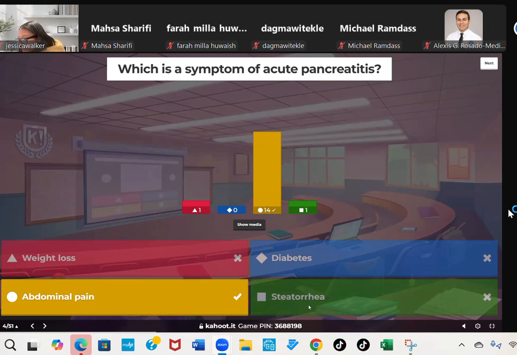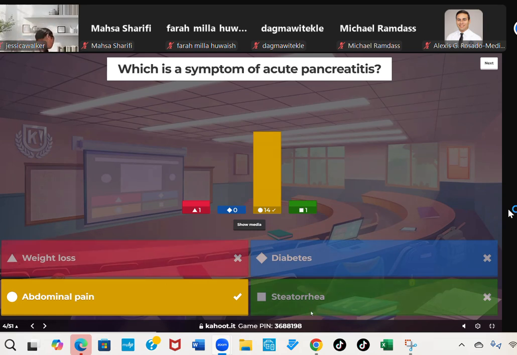If we're not absorbing what we're eating, that can lead to weight loss. It can also lead to osteoporosis because we're not absorbing fat soluble vitamins like vitamin D, and vitamin D is important for calcium absorption and bone.